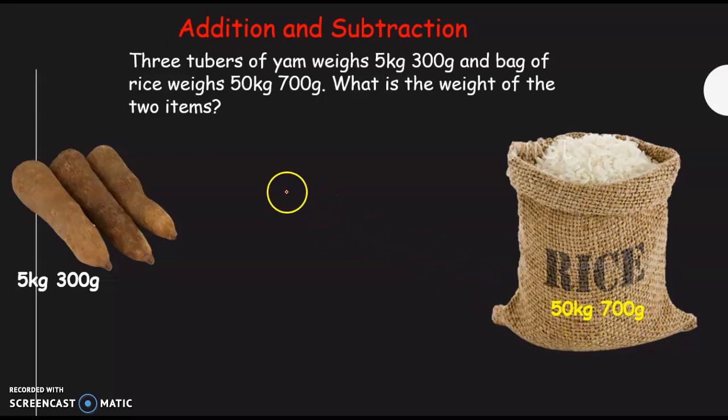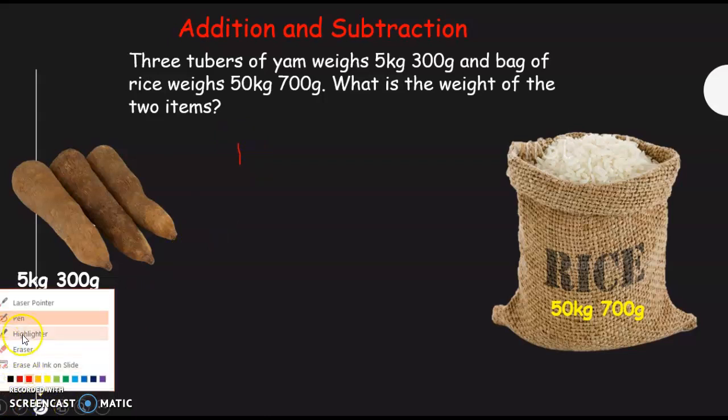Now, when we are adding, the first thing we will do, just like you write your tens and units as headings, you are going to write kilograms and grams. Kilogram is the bigger portion of the measures of weight.